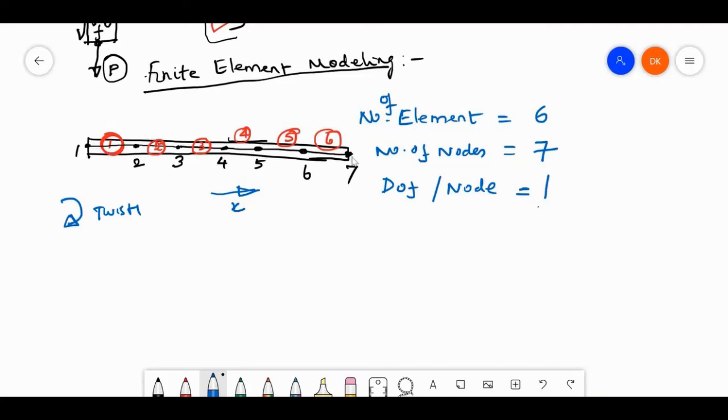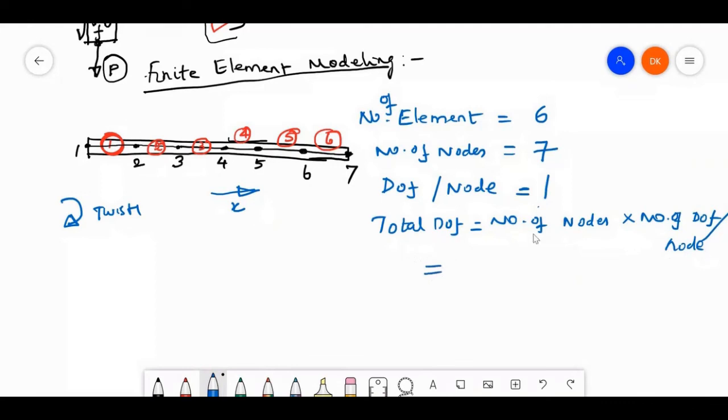So the entire body now, how many degrees of freedom? Total degrees of freedom is equal to number of nodes into number of DOF per node.